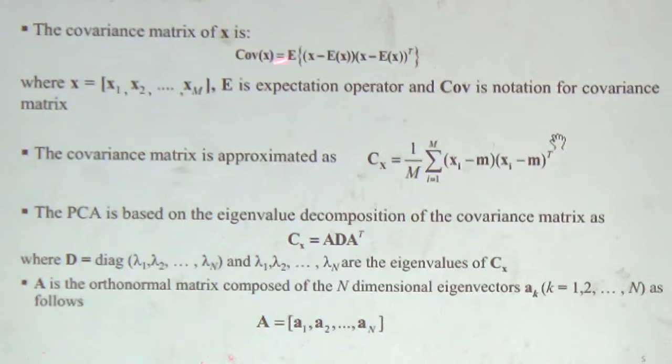So what will be the size of this matrix? Capital N cross capital N, isn't it? Because this is of size capital N cross 1, a column vector. This is also a capital N cross 1 column vector. So I take capital N cross 1 into 1 cross N, and I get capital N cross capital N. So that's the covariance matrix size.